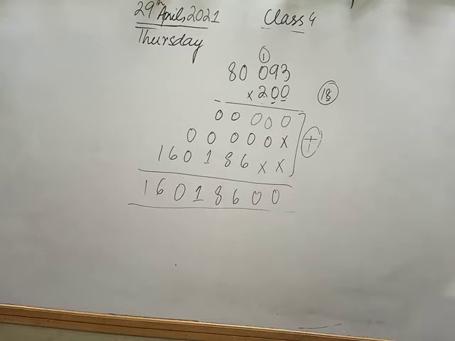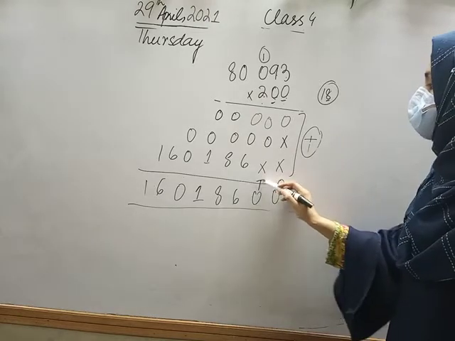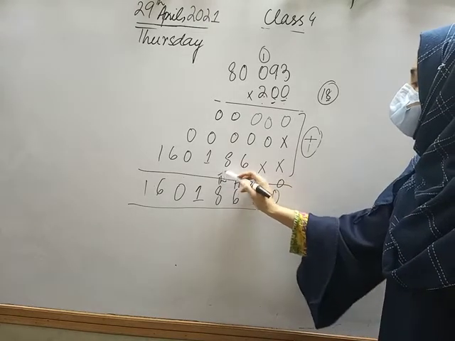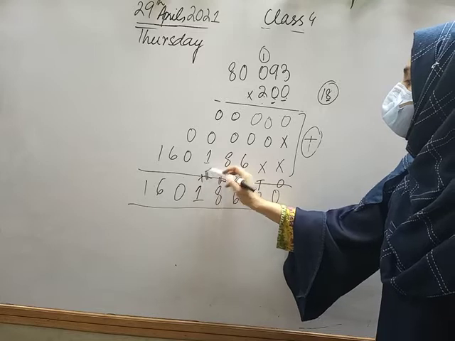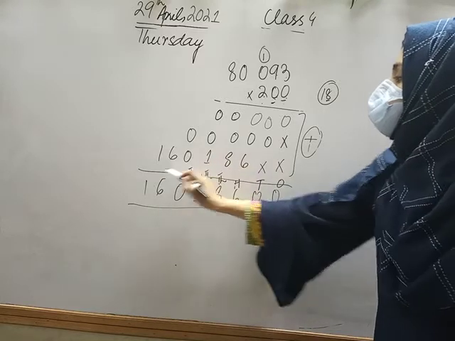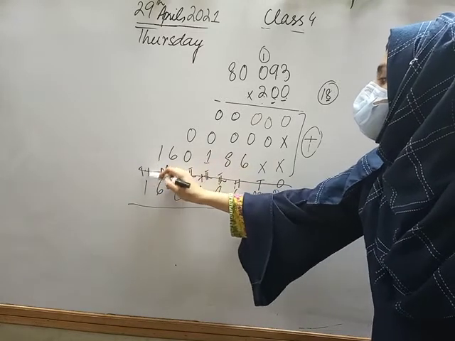Isn't it, class? Okay, so this is at ones place, tens, hundreds, thousands, ten thousands, hundred thousands, millions and ten millions.